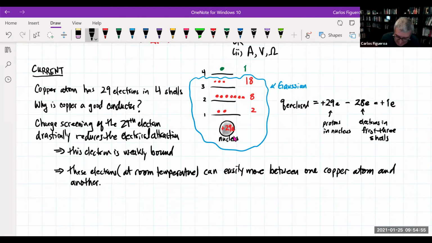And because of this, copper is a good conductor, right? So this makes copper a good conductor. I mean, you already knew that copper was a good conductor, but it's that weakly bound electron.